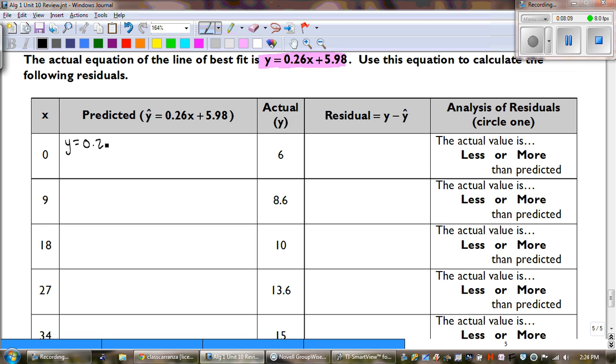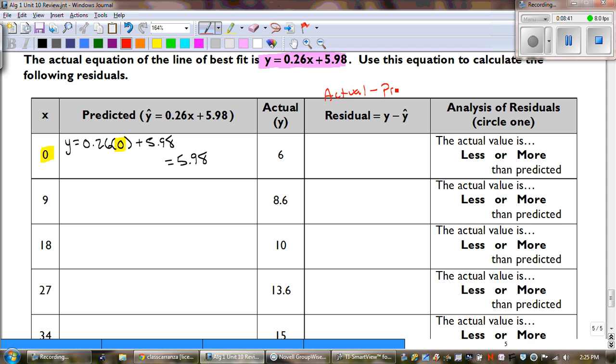So we're plugging in 0.26 times 0 plus 5.98. And the reason why I'm using 0 is because we're finding the predicted. And when we solve that, I only know this right away. I don't even need a calculator because anything times 0 is 0, and that just crosses out. So we get 5.98.